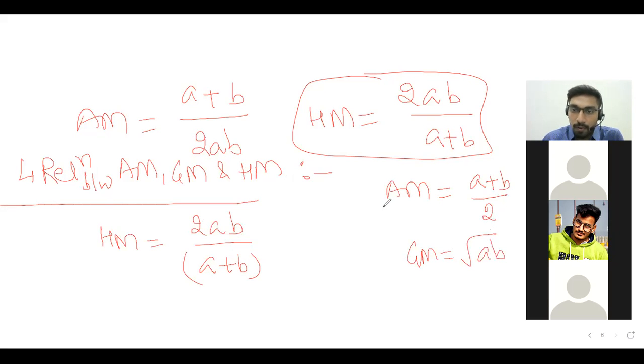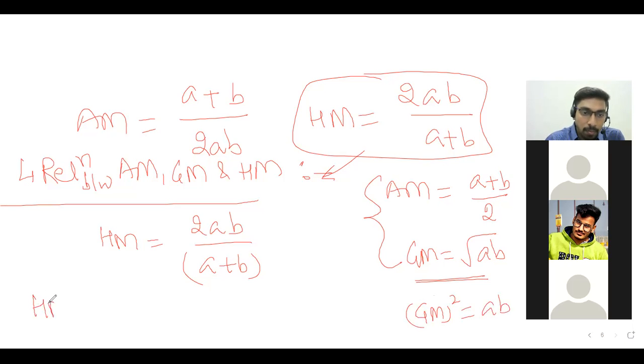We already calculated these terms, so just put these values. If GM equals the square root of AB, then GM square equals AB. So HM equals 2 into GM square upon (A plus B).